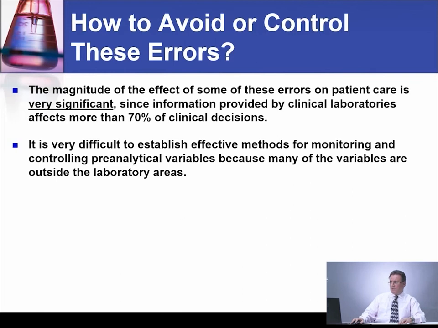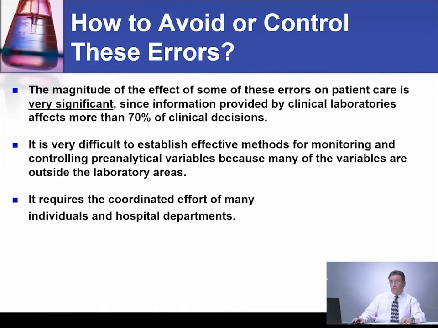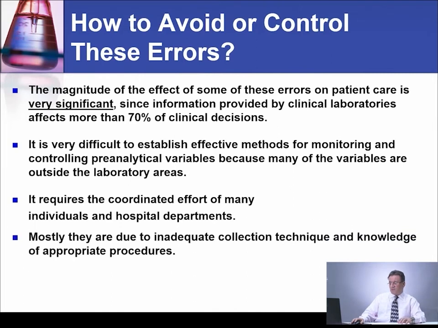So it is very difficult to establish effective methods for monitoring and controlling pre-analytical variables because many of the variables are outside of the laboratory area, which I mentioned in lesson 1. Therefore, it requires the coordinated effort of many individuals and hospital departments.